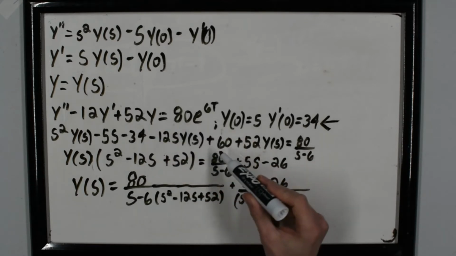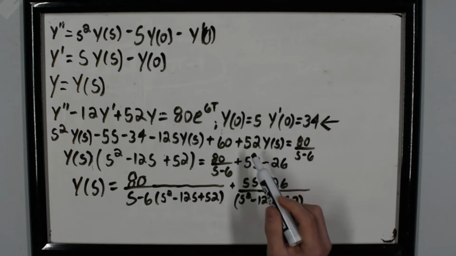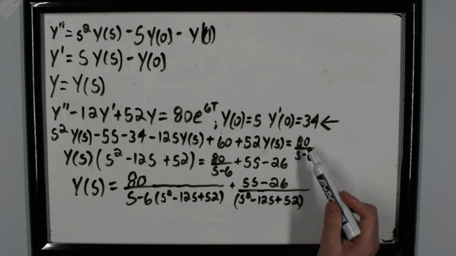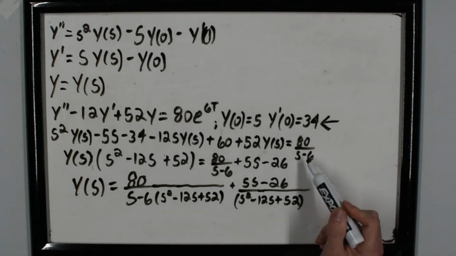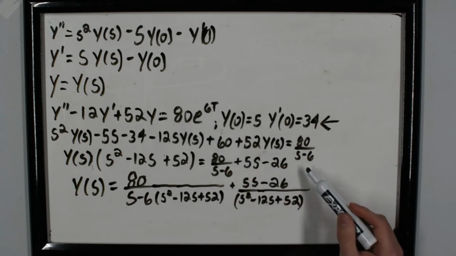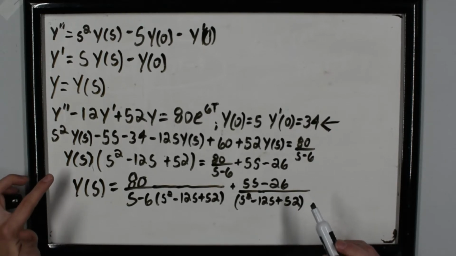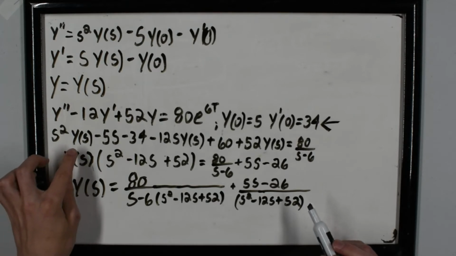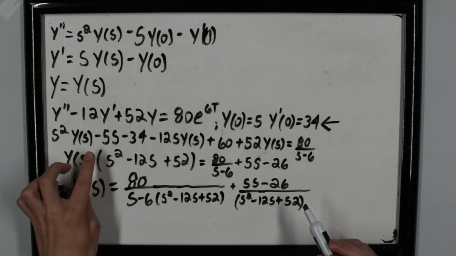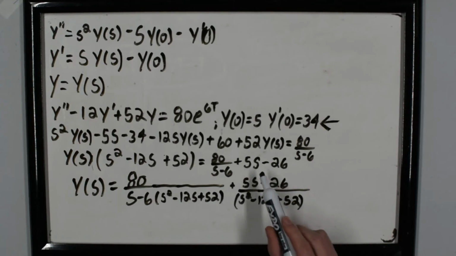Finally, we'll have plus 52 times the Laplace transform of y, which is 52 Y of s. And that's all equal to 80 over s minus 6, because the Laplace transform of 80e to the 6t is 80 over s minus 6. So the next thing we want to do is factor out the Y of s in any terms containing Y of s on this side, while simultaneously moving over any terms that don't have Y of s to the other side.